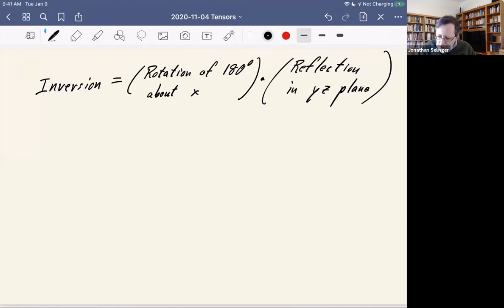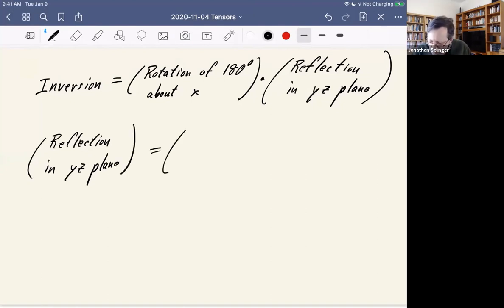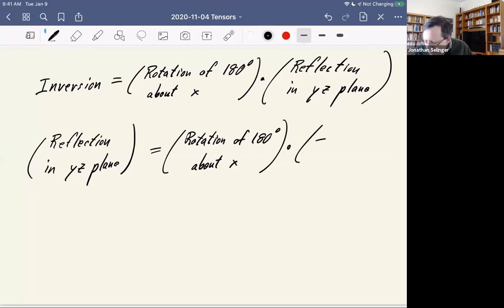And I could also say, likewise, that the reflection in the YZ plane is equal to the rotation of 180 degrees about x combined with the inversion.